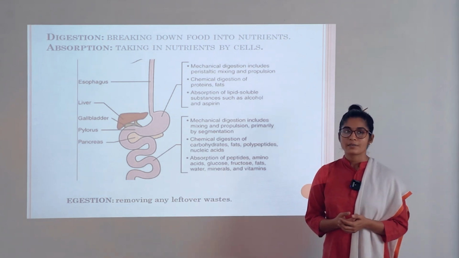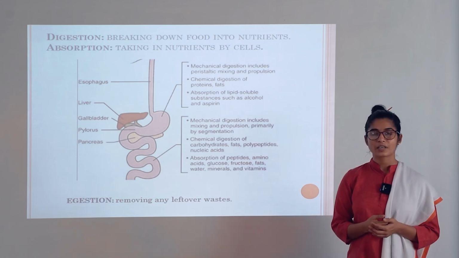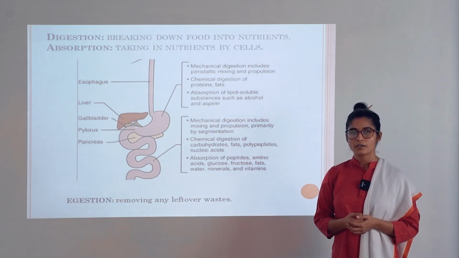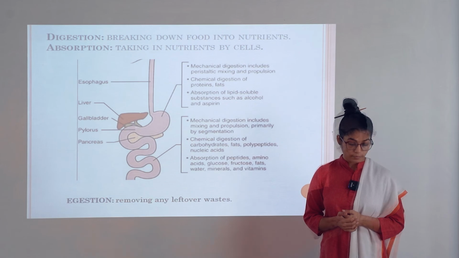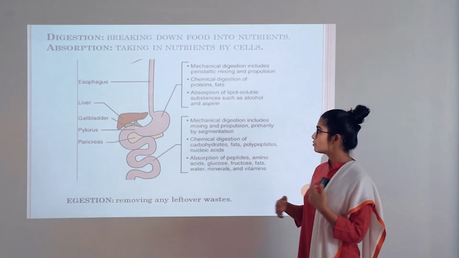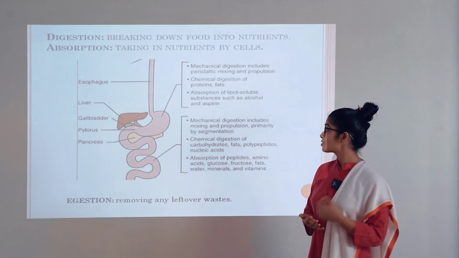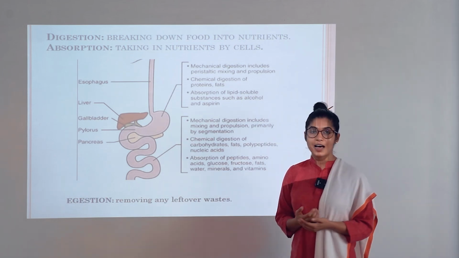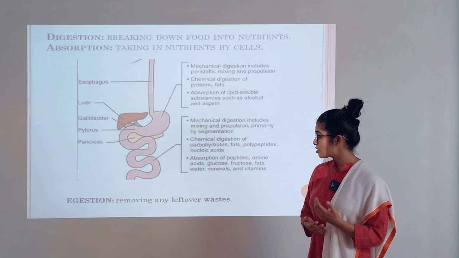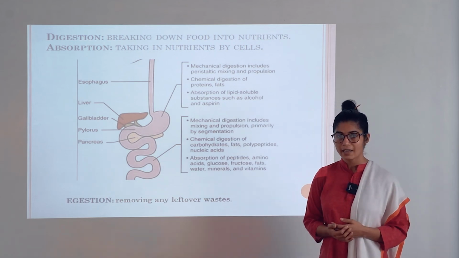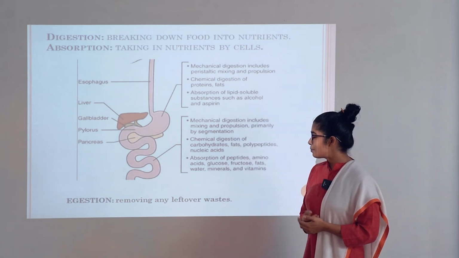Next we will talk about the last function of the digestive system. Now the functions of ingestion, digestion and absorption are completed. After that there is a last process, which is called egestion. Egestion happens here.